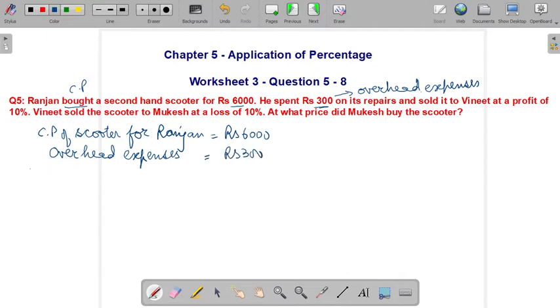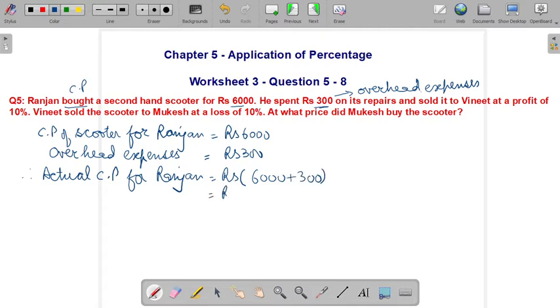So what should be the actual cost price then? Therefore, the actual cost price for Ranjan would be rupees 6,000 plus 300. So this is coming as rupees 6,300.